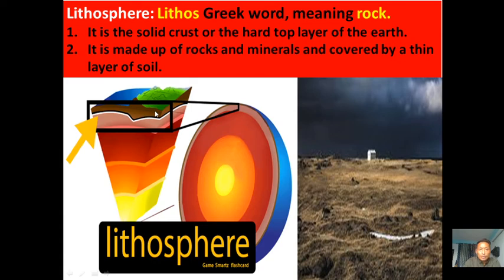On soil we cultivate crops, and we have different types of soil. So this is the lithosphere, the topmost layer of our earth. Here we learned the origin of the lithosphere, what it means, and what it is made up of.